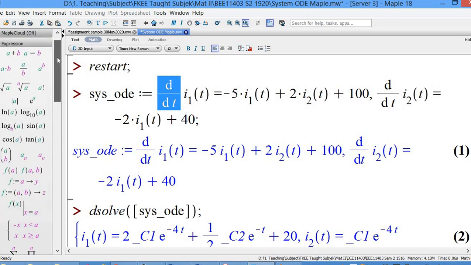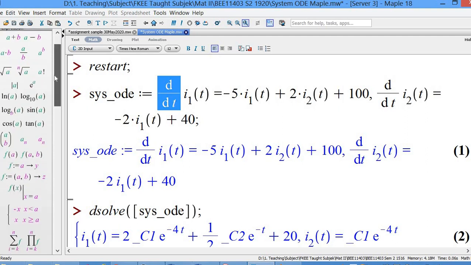Let's see the expression when we have this one, a underscore subscript an. Then a you change to I, n you change to 1. So dI1 dt equal to negative 5 I1t plus 2 I2t plus 100.